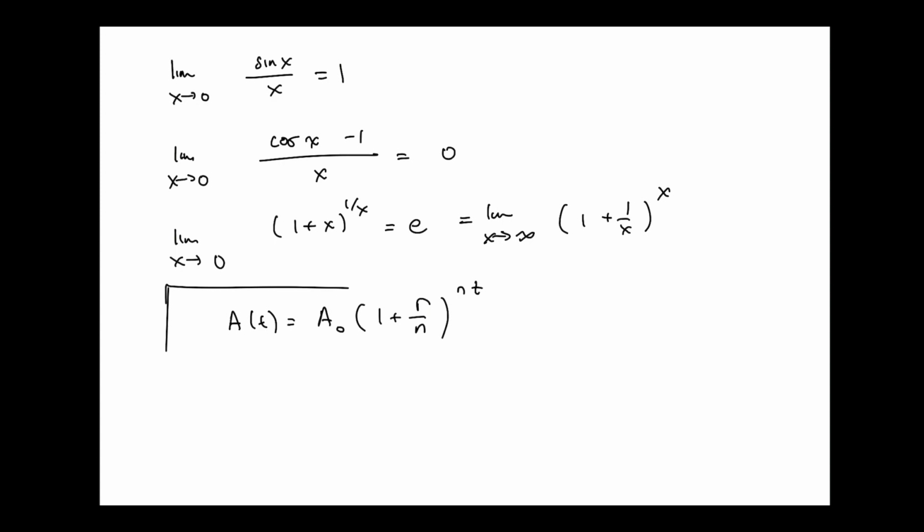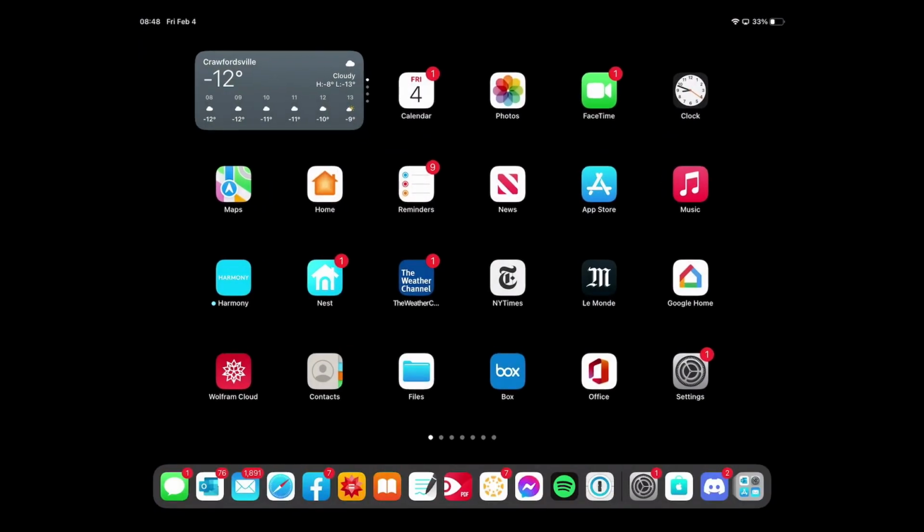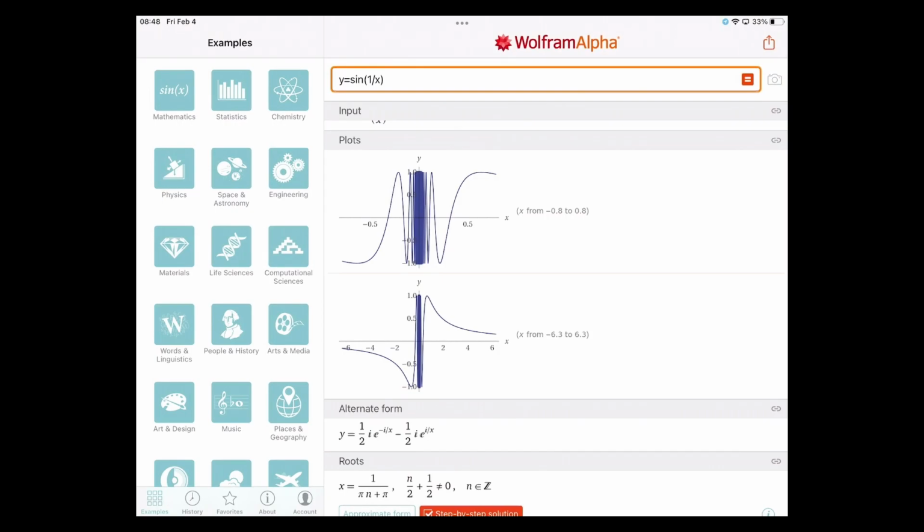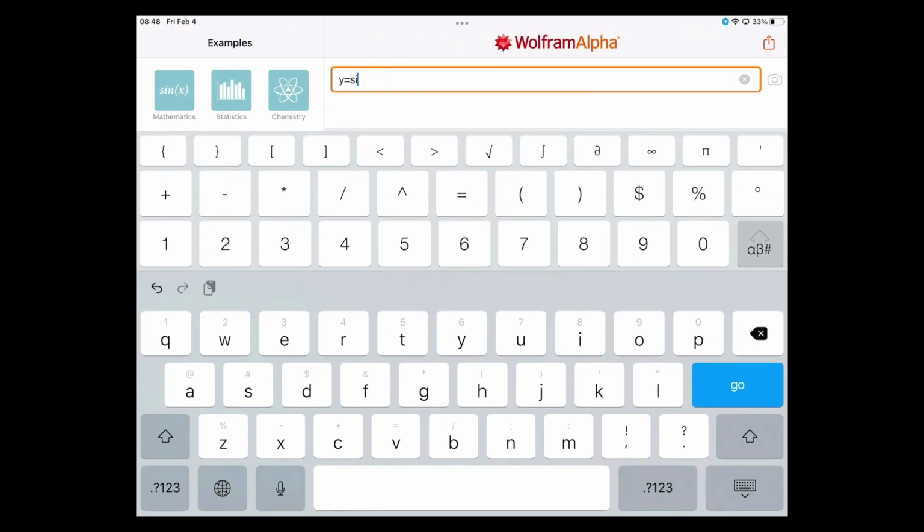Well, let's compute it. All right. So I just need to use this formula, and I'll use Wolfram Alpha for this because I like it. Okay, so I need to compute $1 times 1 plus the interest rate, 1, divided by 24, because there's 24 hours in a day, to the power of 24 times 1, because it's one day and I'm compounding it 24 times.